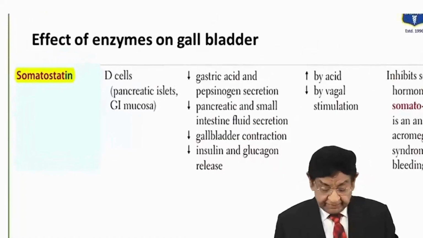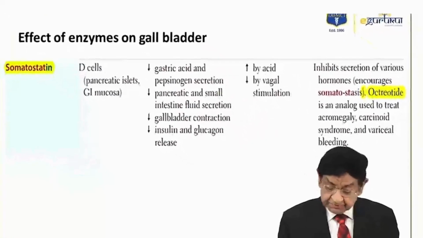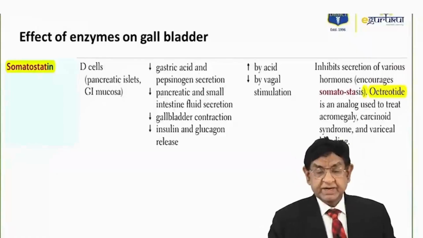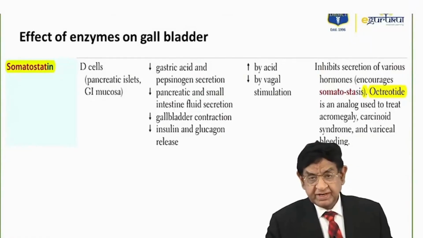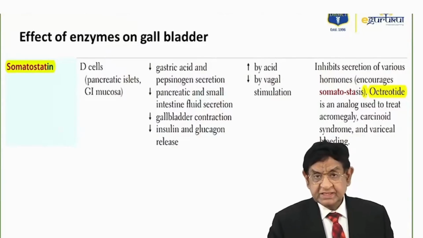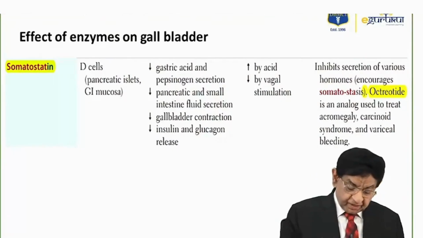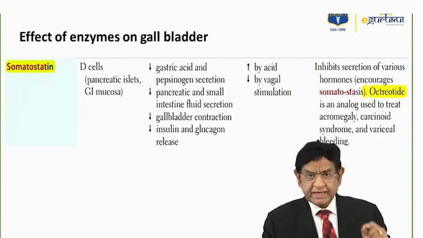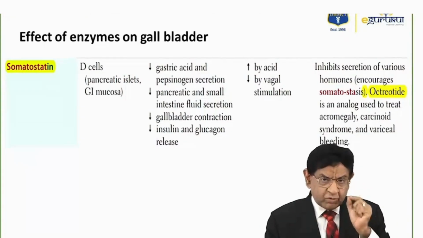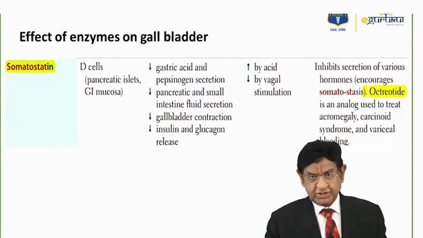They have multiple functions. I discussed somatostatin in great detail when I discussed carcinoid syndrome, etc. Every one of these enzymes has many functions, but at the moment I will highlight only those relevant to today's talk.